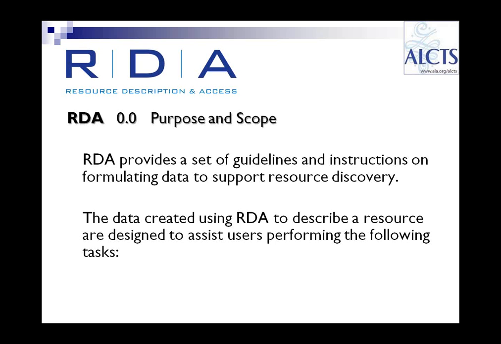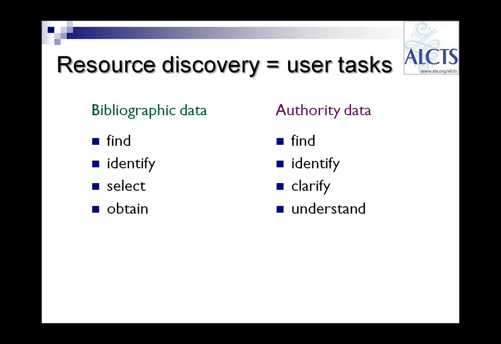And resource discovery is basically assisting users to perform a certain set of user tasks. So resource discovery is basically operationalized as ensuring that a user can fulfill these user tasks. And it's not that we all of a sudden have discovered the importance of the user. As catalogers, we have always cataloged with the user in mind.